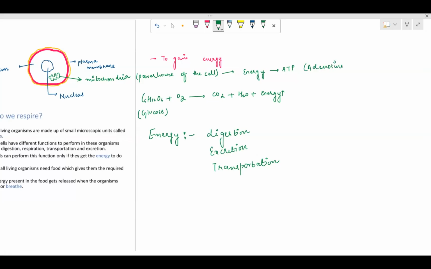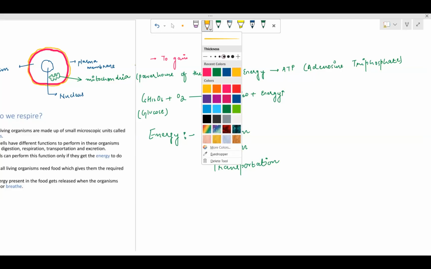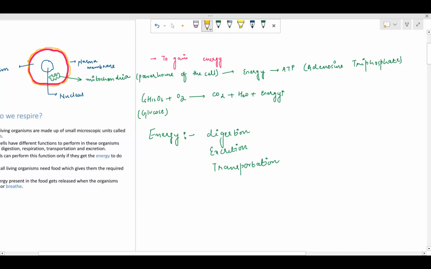Adenosine triphosphate. Adenosine, right?